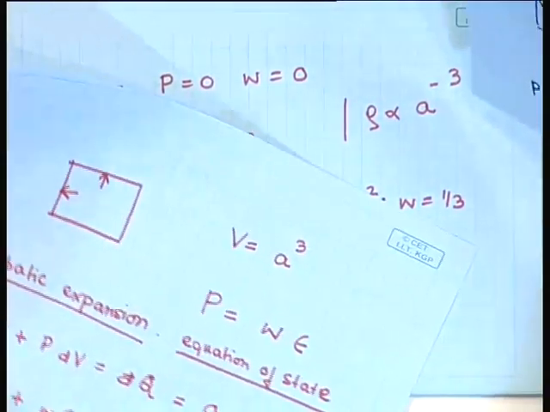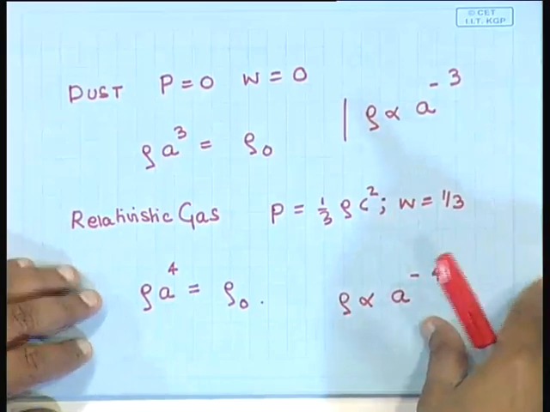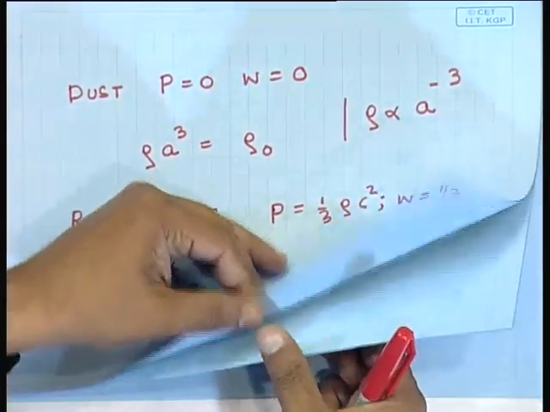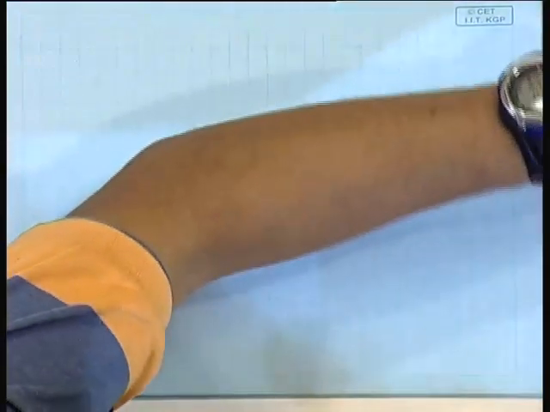So this is one modification that occurs because of pressure. Now, let me discuss another modification that occurs because of pressure. We have to incorporate both of these modifications.